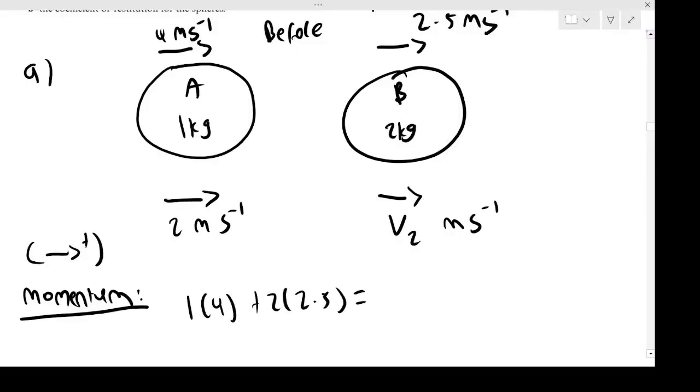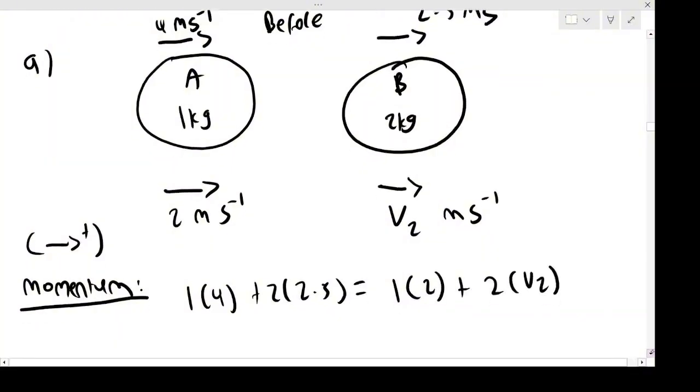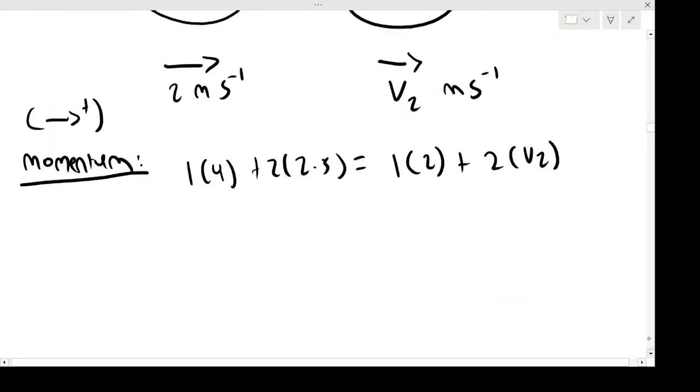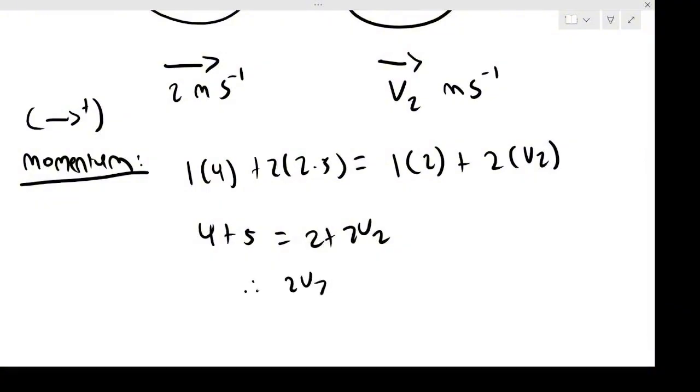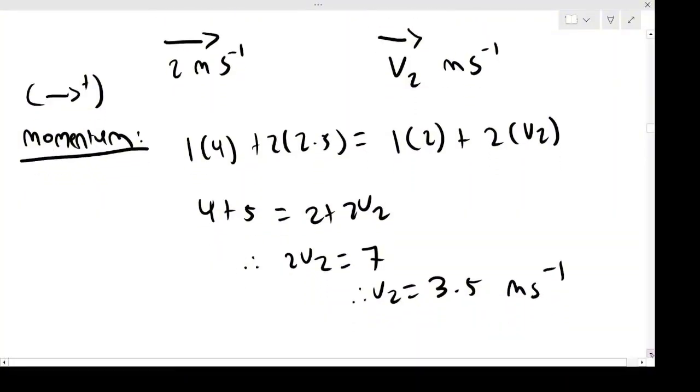That's going to equal the momentum of A afterwards, which is 1 times 2, and then 2 times V2 for B. Okay. And so if we simplify this, we're going to get 4 add 5 equals 2 add 2V2. And then we can quite easily solve this for V2. So 2V2 is going to be 7. So therefore V2 is 3.5. Okay, and that is my speed of particle B.